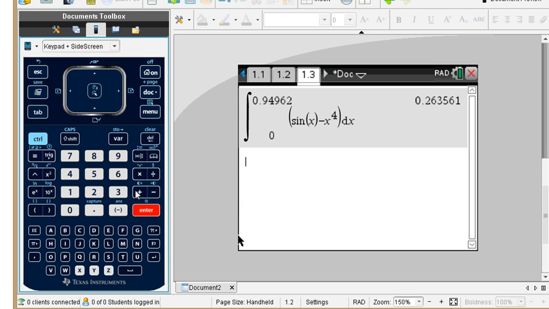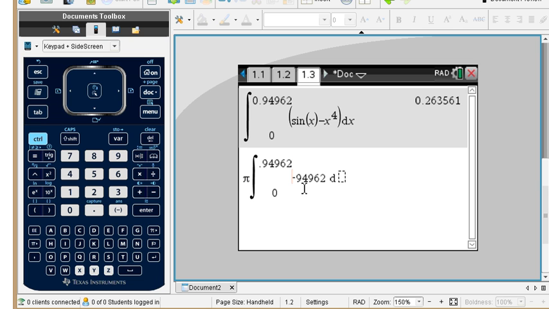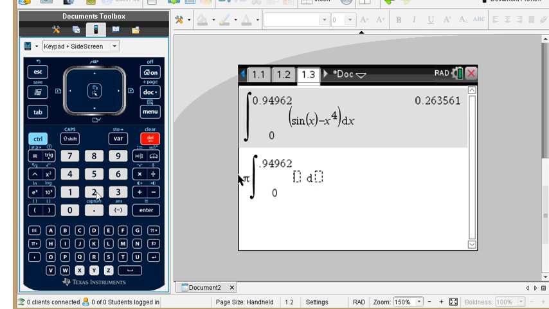and we enter, you see we're in radians still, we enter pi, and we get our definite integral by pressing shift plus sign, and the limits of integration are still the same, 0 to 0.94962. And then down here, I'm going to put it in parentheses.